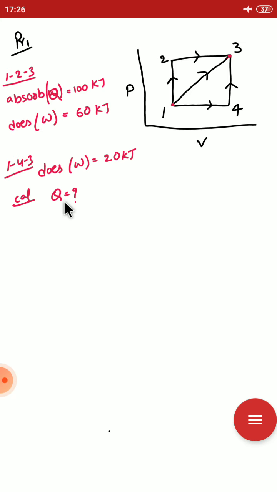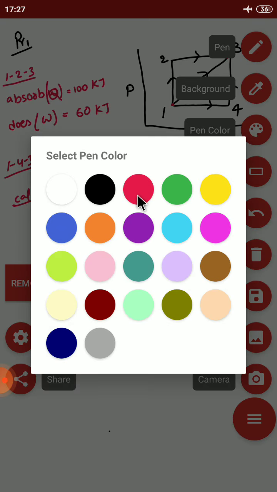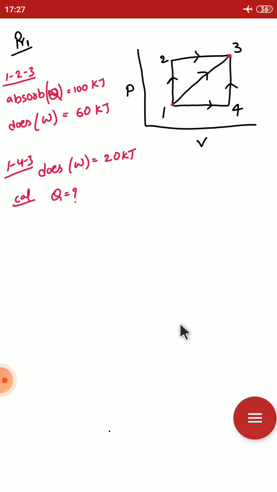Then what is the heat absorbed during path 1 4 3? He asks to calculate the heat transfer through 1 4 3. This is a change of state.